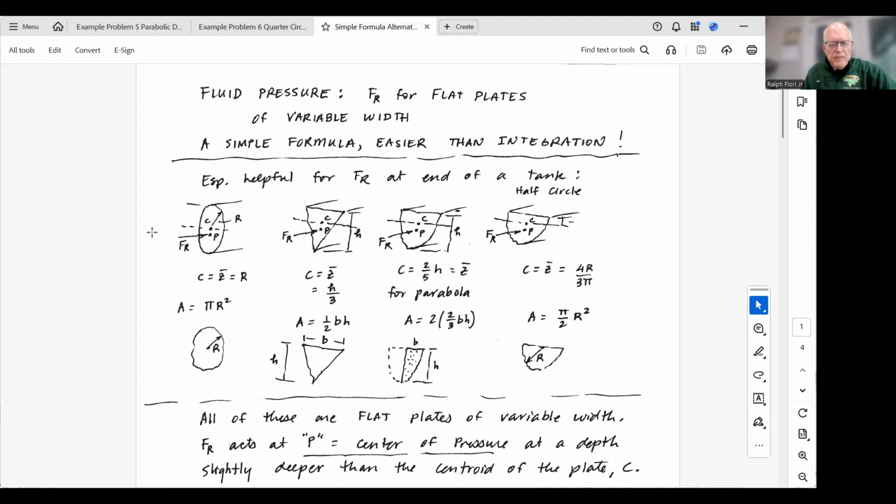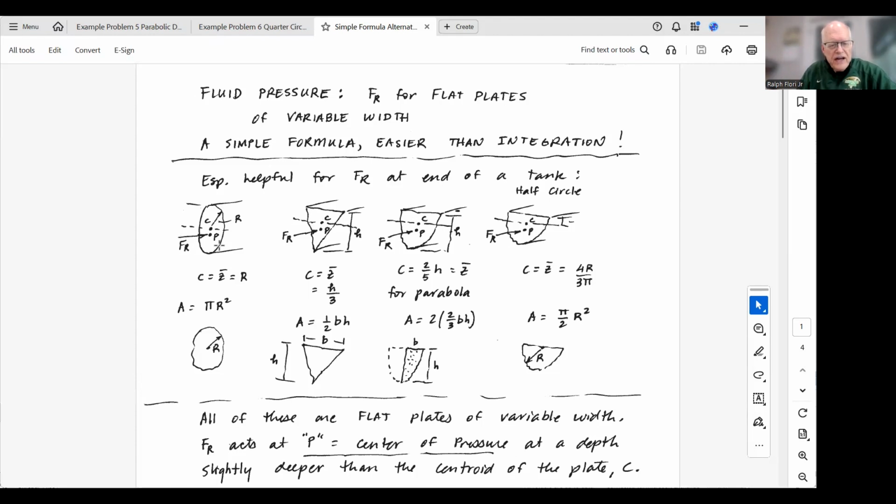So it's not uncommon to have an exam problem where you have the end of a tank. The tank might be a circle. The tank might be a triangle. The tank might be a parabola. The tank might be a half circle. Because these are not a constant width, we can't use our flat plate constant width formulas.